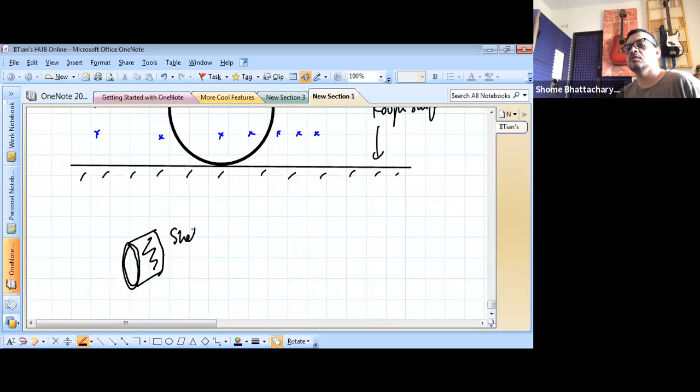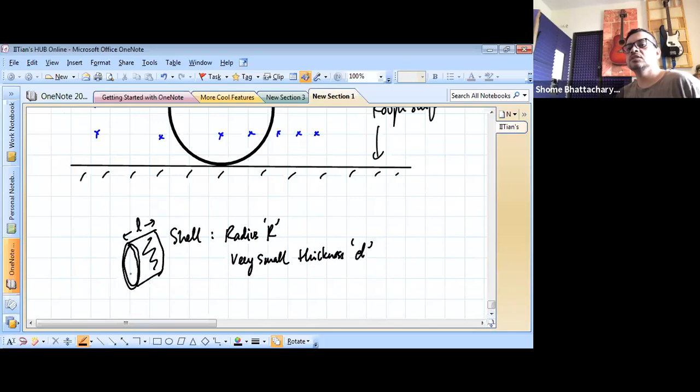So the shell has radius r, length L like this, and very small thickness d.